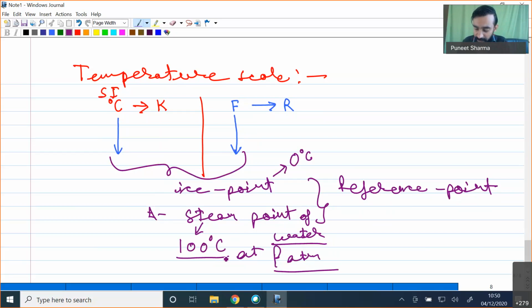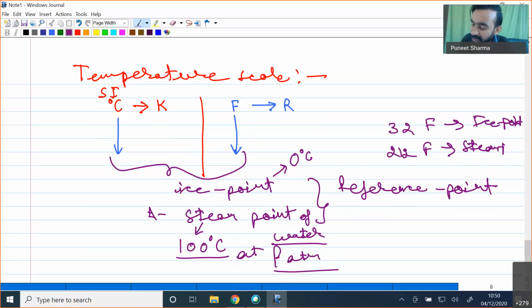Okay, and for the Fahrenheit scale also only the ice point and steam point were taken, but 32 Fahrenheit was given as the value of ice point, and 212 Fahrenheit was given as the value of steam point.